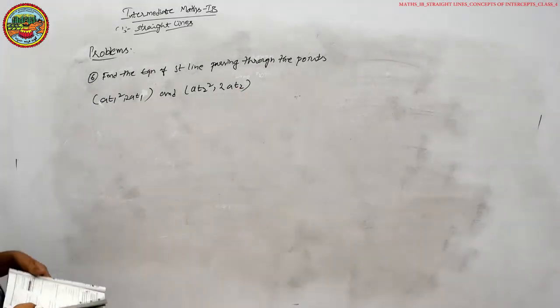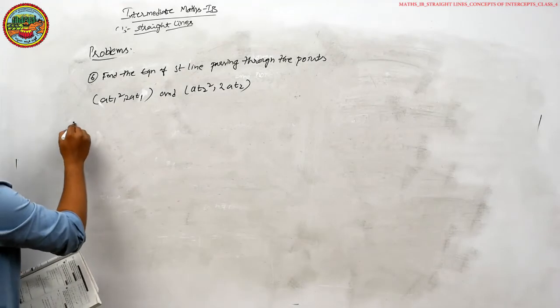Okay, we have to find the equation of the straight line passing through these 2 points.